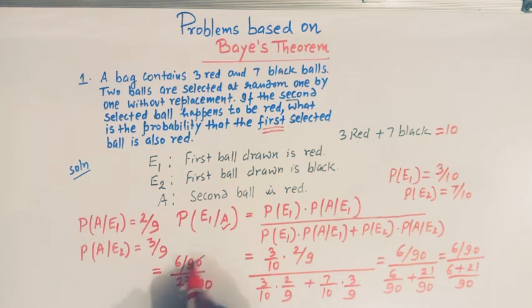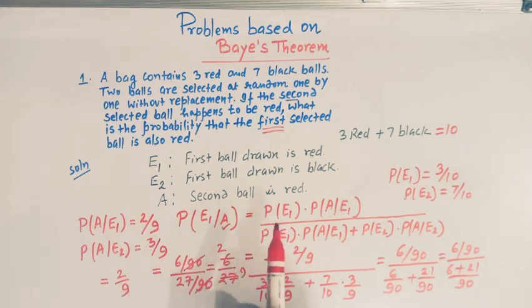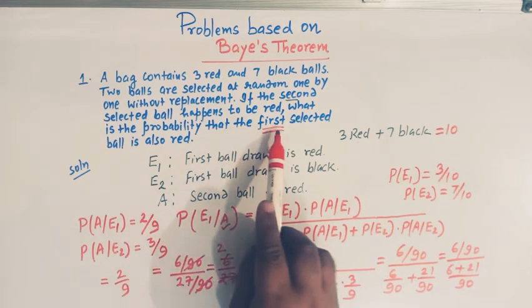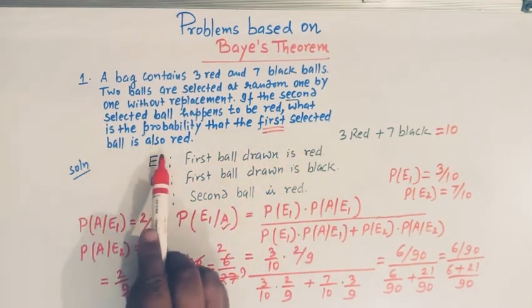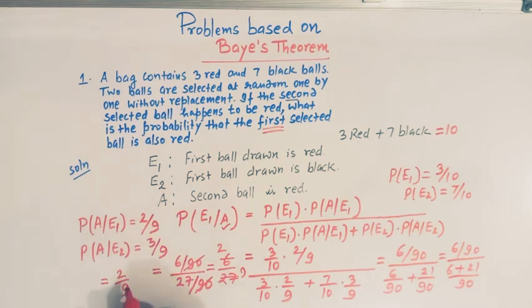So 90 and 90 get cancelled, so we have 6 by 27, which can be written as 2 by 9, since 3 2s are 6 and 3 9s are 27. So the required probability that the first selected ball is also red is 2 by 9.